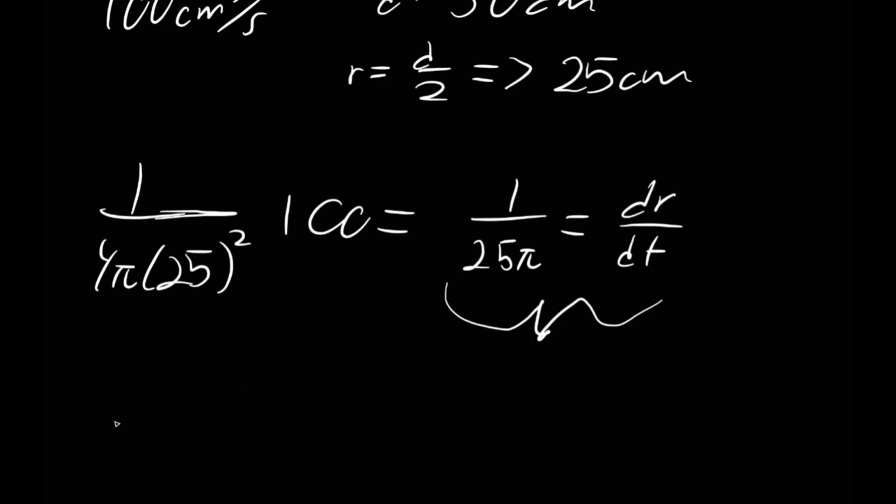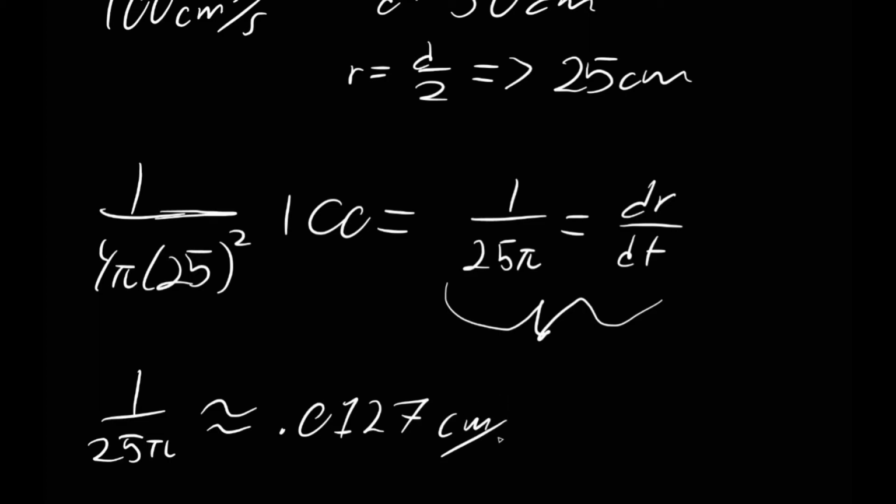Well, if you were to put this into a calculator, 1 over 25 pi is approximately equal to 0.0127 centimeters per second. And that is our rate of change in the radius.